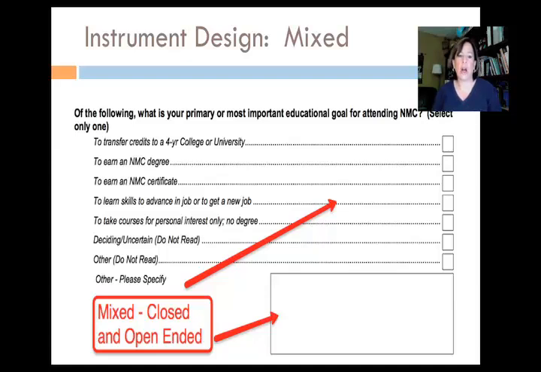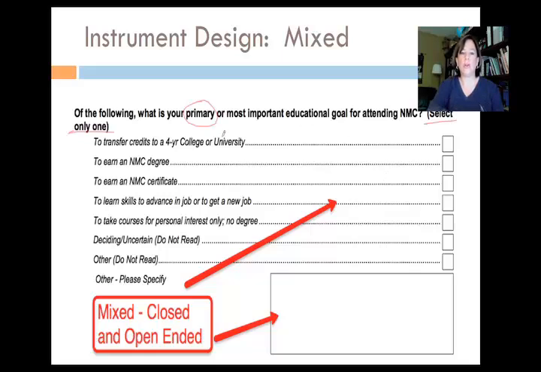And we are providing several responses for them. We want them to only select one, and we tell them that here. Select only one. Sometimes you have to give those extra instructions, even though we said, what is your primary goal for attending the college? We still tell them to select only one.